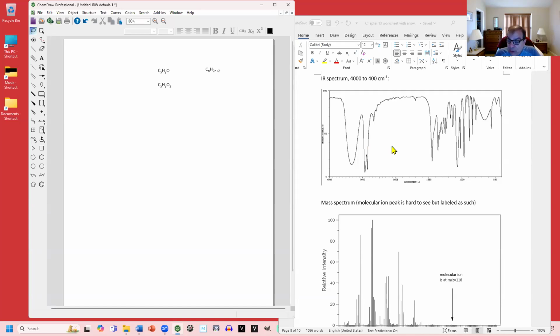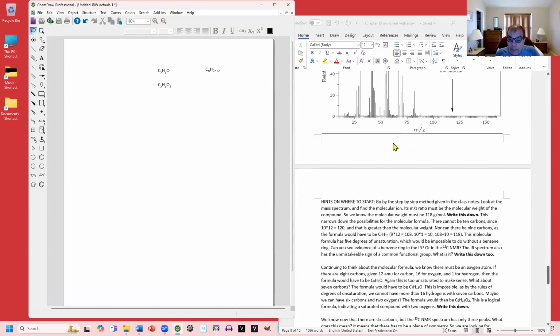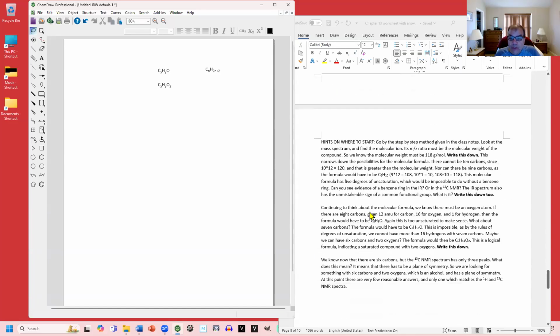We're looking at essentially a saturated compound, no carbon-carbon multiple bonds, and that's consistent with our NMR spectra as well. We're still trying molecular formulas. One possibility that adds up to 118 is C8H6O. That still seems too unsaturated. How are you going to have only 6 hydrogens with 8 carbons? It's hard to come up with anything.